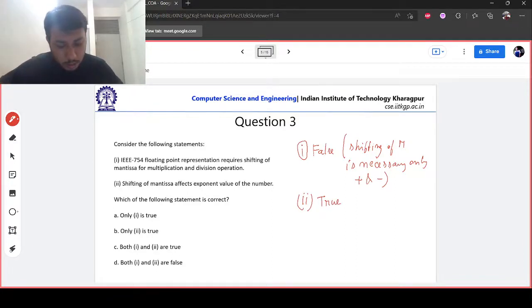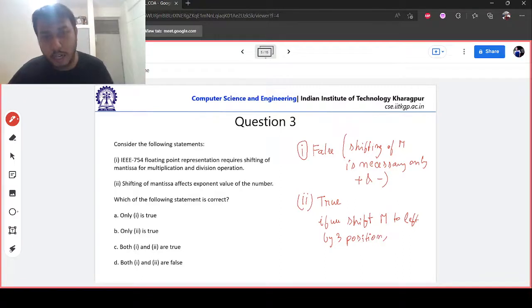So let me give you an example. If we shift the mantissa m to the left by three positions, so what happens?